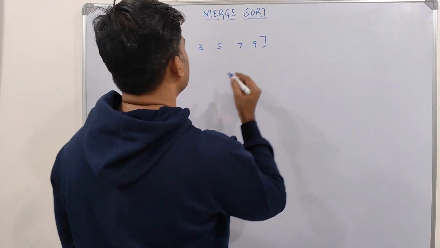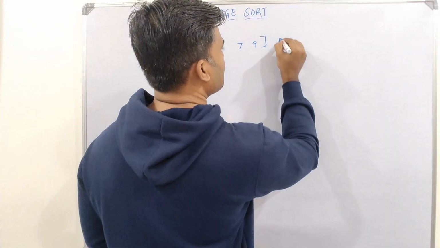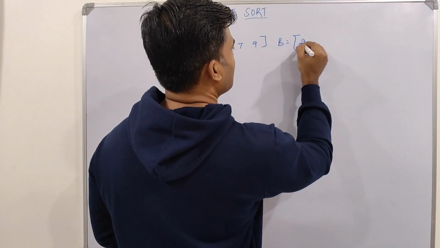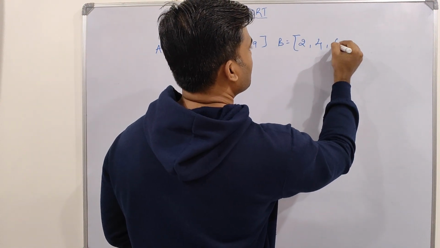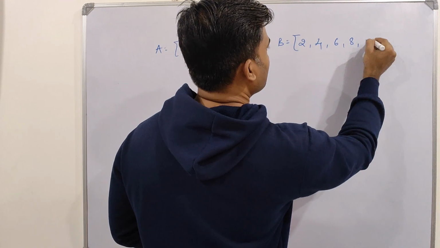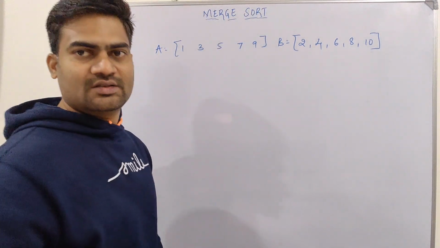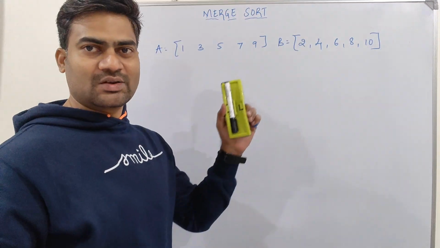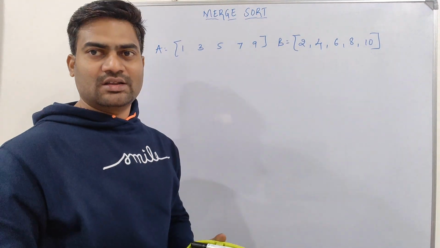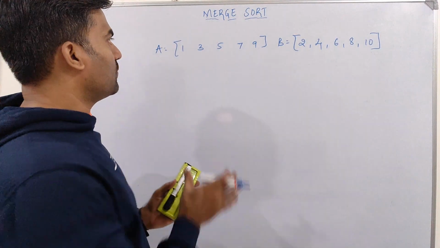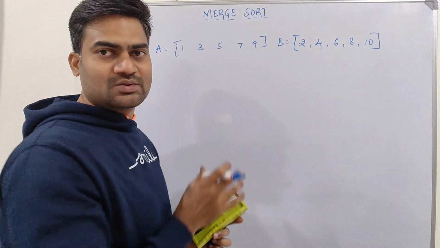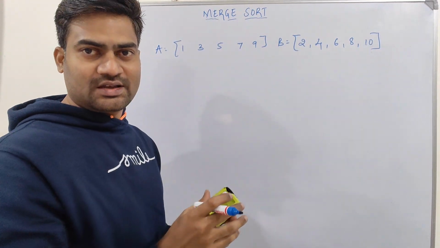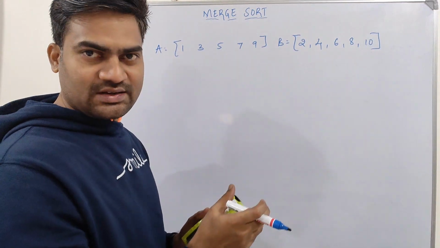Let us also take another array B, which is 2, 4, 6, 8 and 10. If you see both the arrays, they are already in their proper sorted order. Now we want to merge these two sorted arrays and get the merged sorted array.